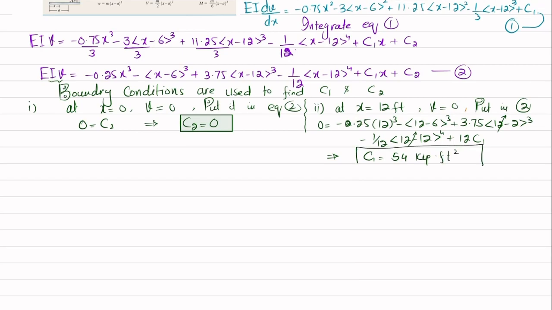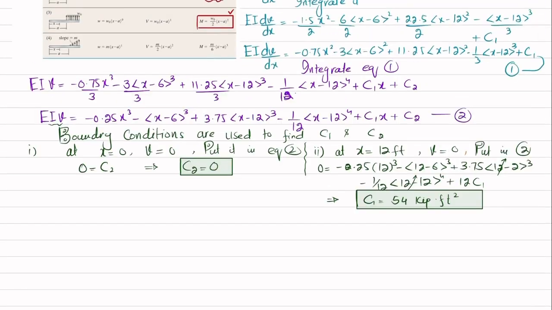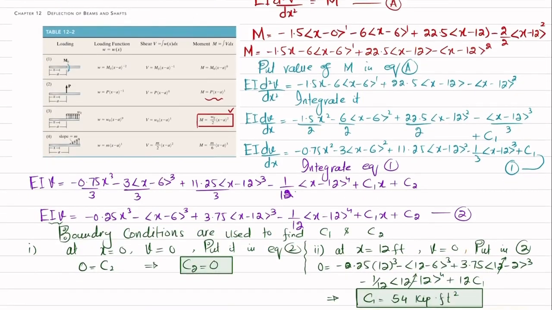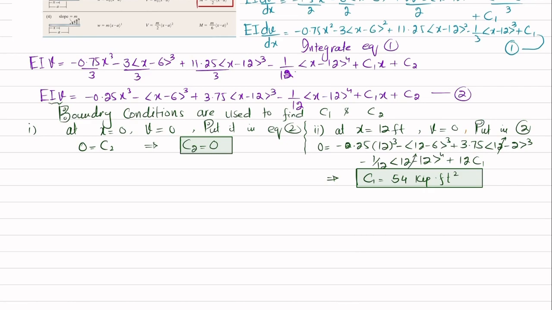So if you are confused about units, just forget about it and focus on the remaining problem. Now we are interested to find out maximum deflection in region AB. So we will find the equation of elastic curve. So put C1 and C2 in equation number 2.